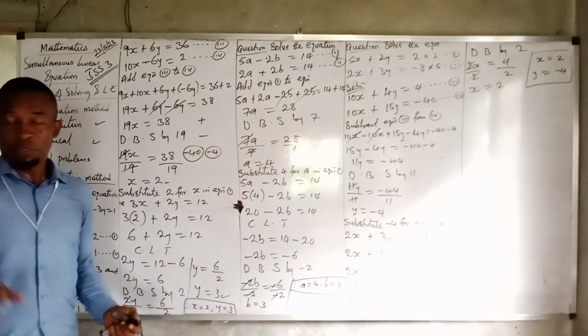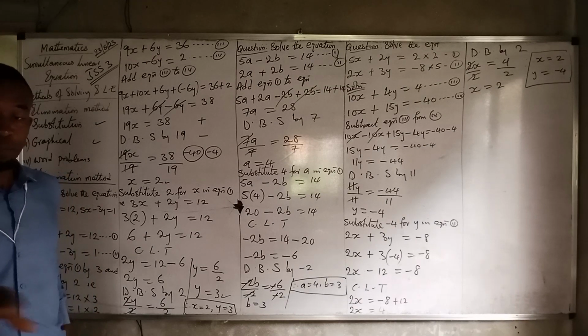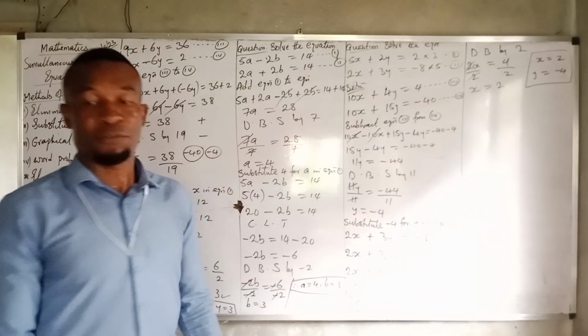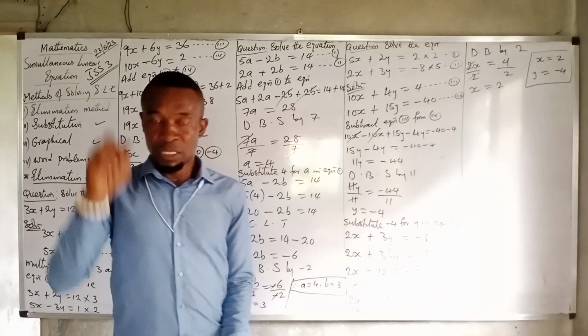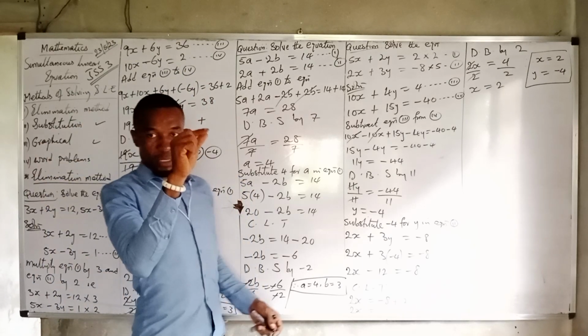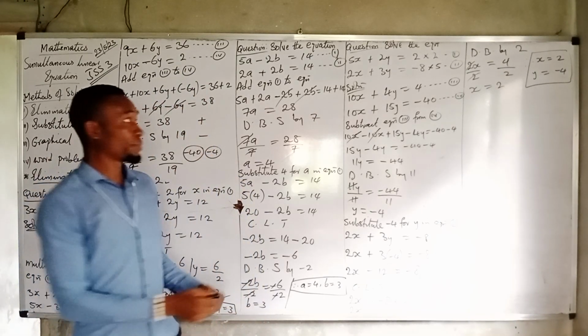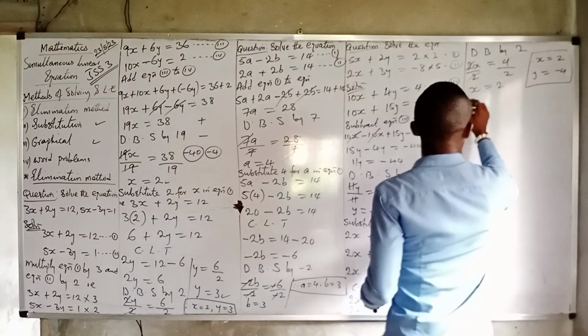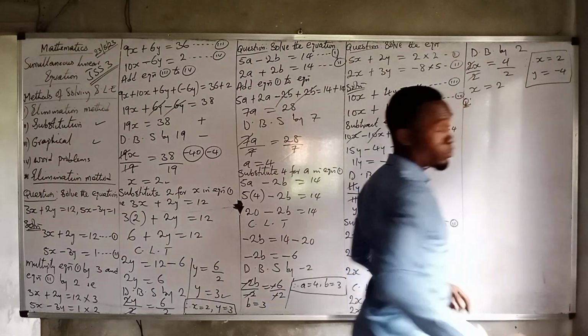Now, there is one I'm going to rearrange before you can solve it. This one is 6h equals 2k plus 9, and 3h plus 4k equals 12.